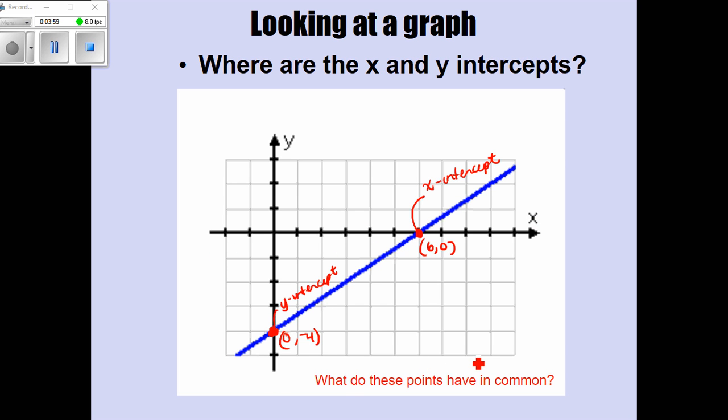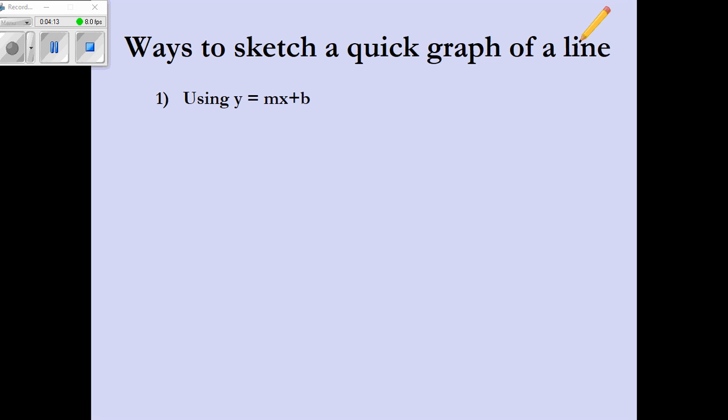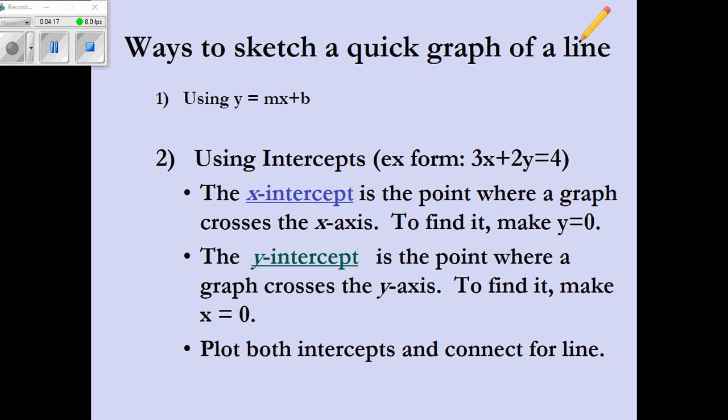And what do these points have in common? Well, they both have a 0, okay? They both have a 0 in common, and that's really important. So ways to quick sketch a graph of a line would be using the y equals mx plus b.